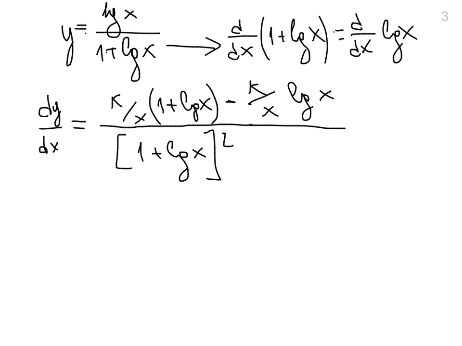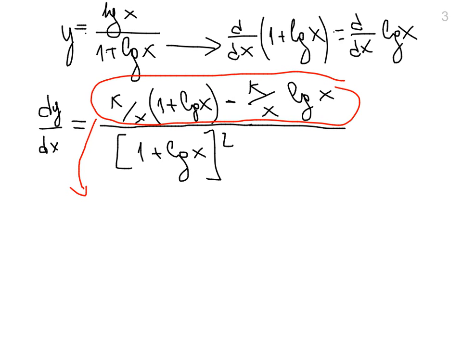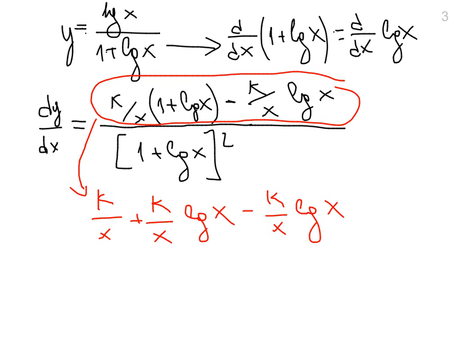Now, what can we do here? Let's focus on the numerator. The numerator is k over x plus k over x times the logarithm of x minus k over x times log of x.